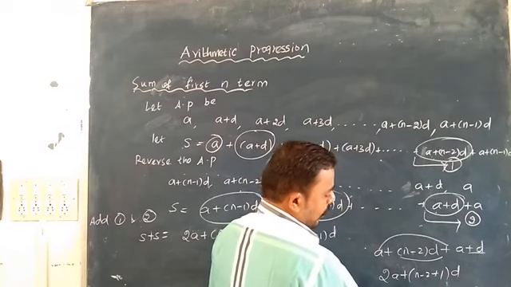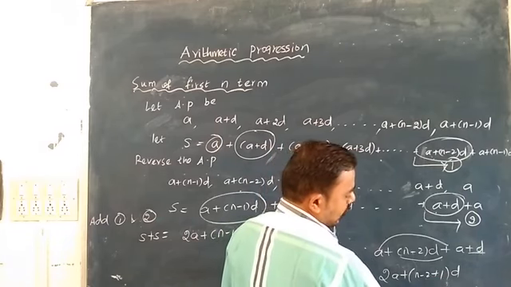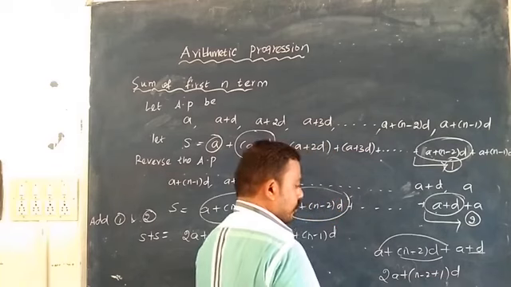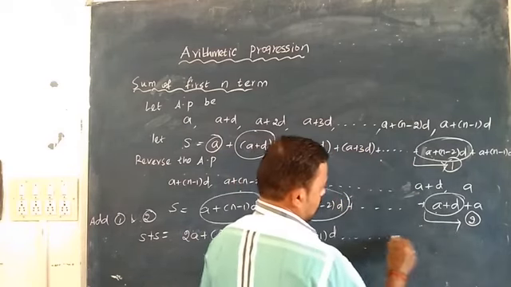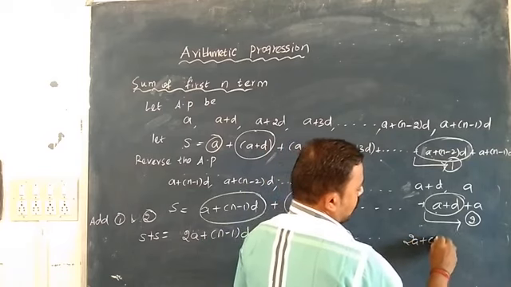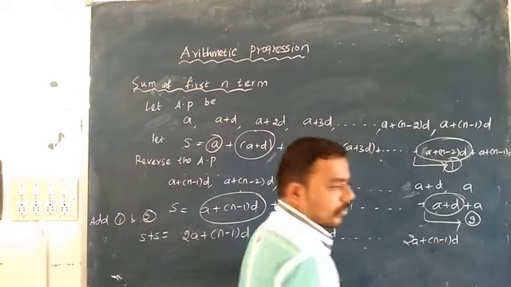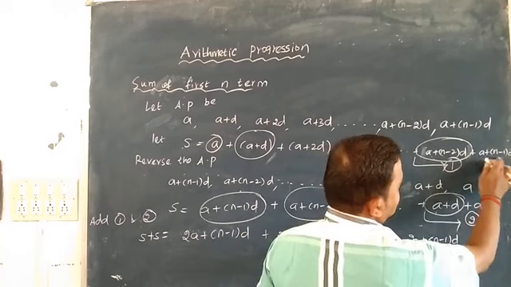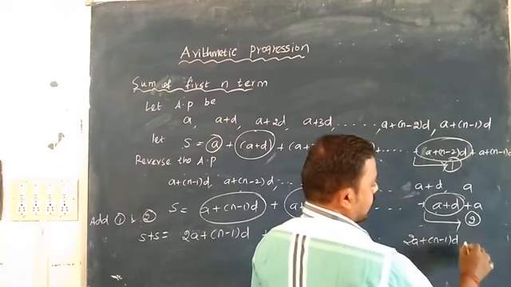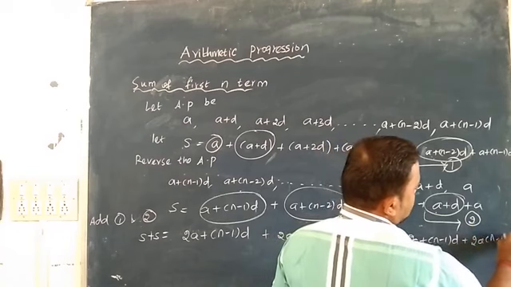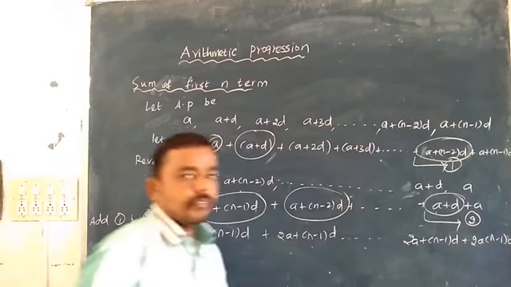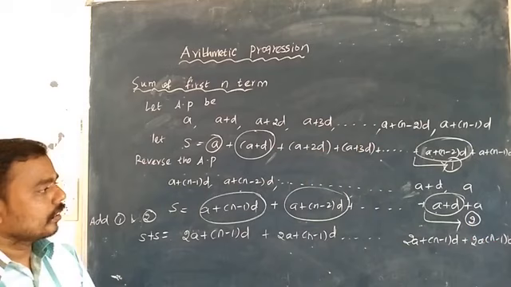So 2A plus (n minus 1) into D. Same thing. Next, A plus (n minus 1) into D.